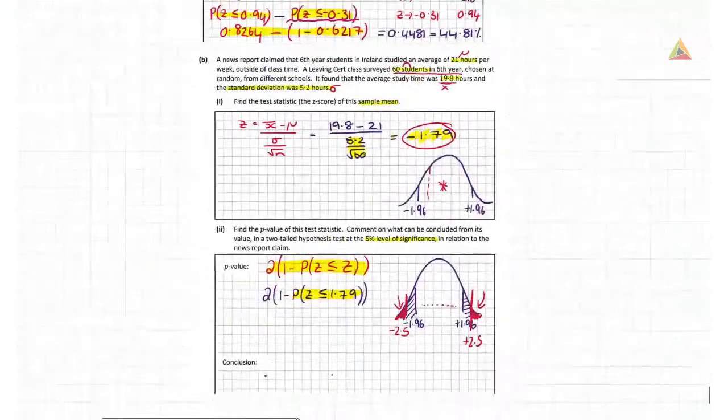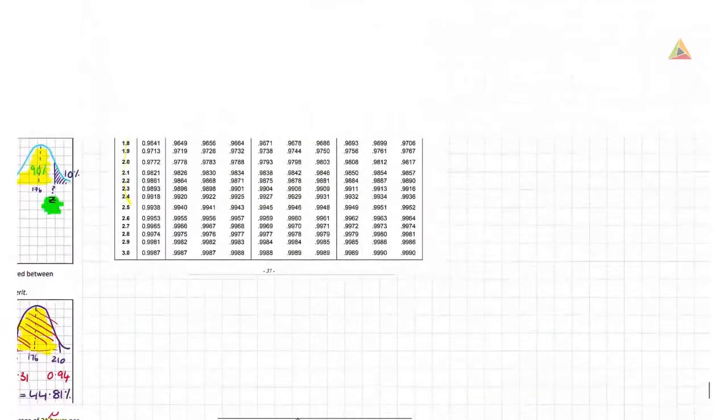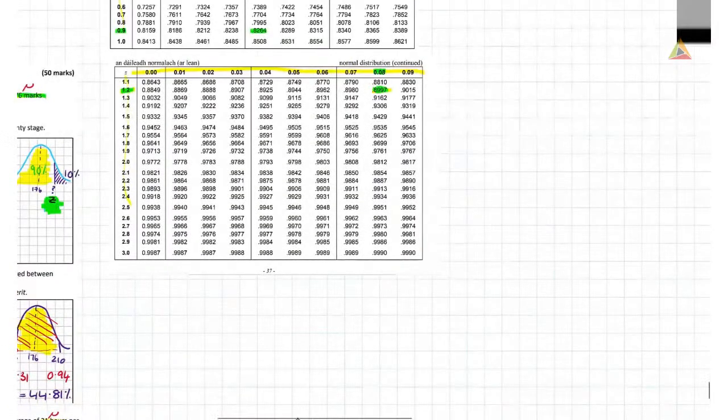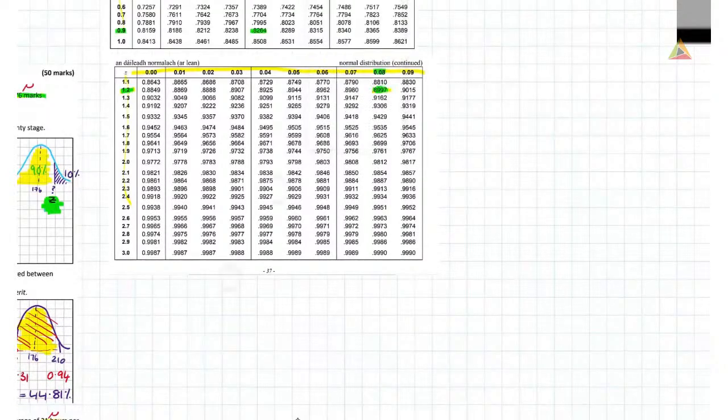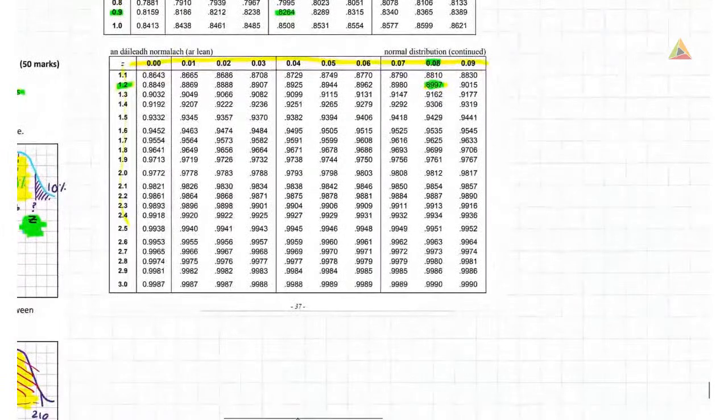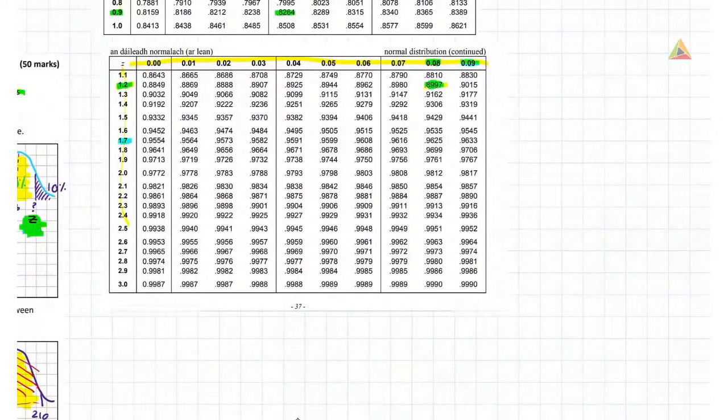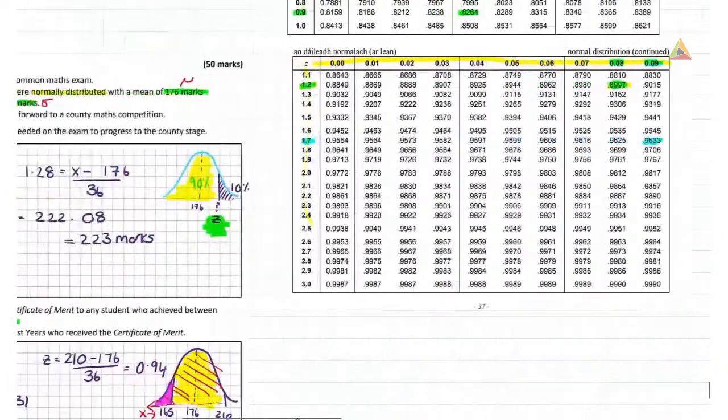So let's go back to 1.79. Back up here in our log tables, we'll change the color so we can keep it nice and clear. So we're looking for 1.79. There's our 1.7, there's our 0.09. So it looks like we are getting right to here, 0.9633.